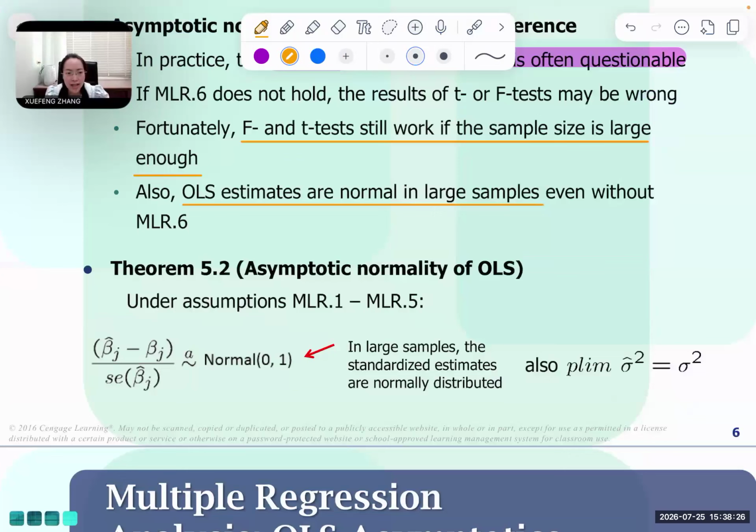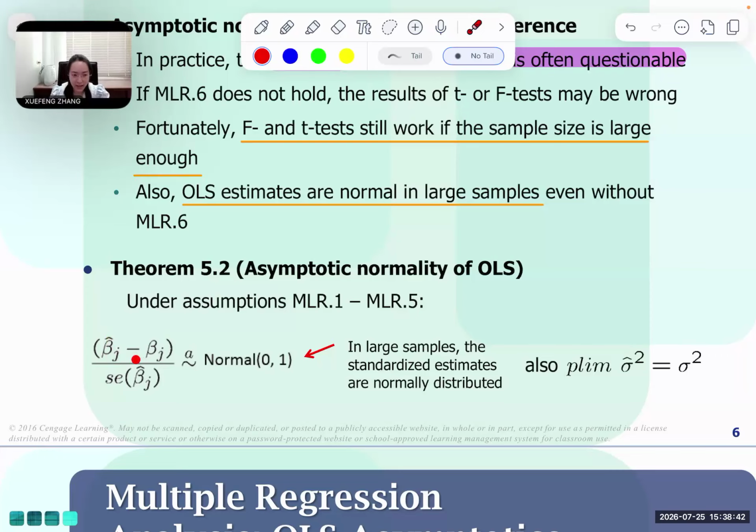That's why this is formalized in theorem 5.2 under MLR1 to 5. Notice, not MLR6, okay? We don't need normality here.